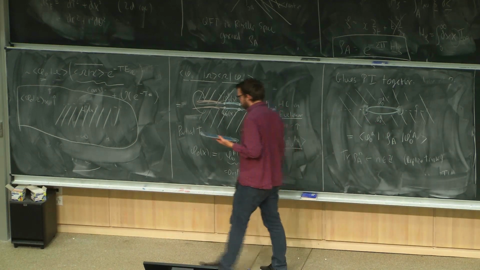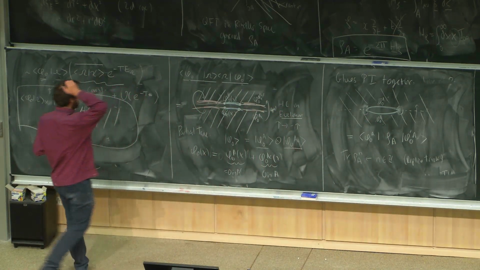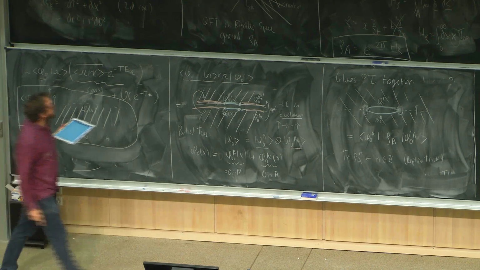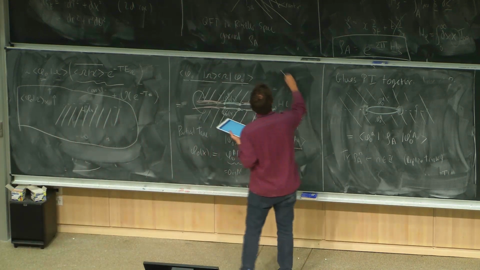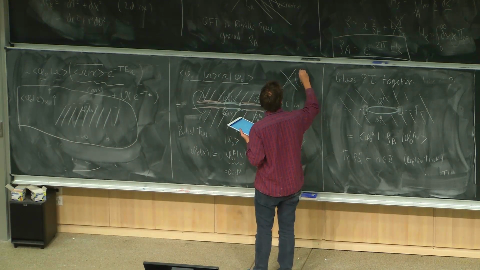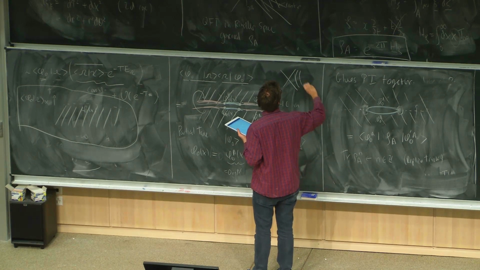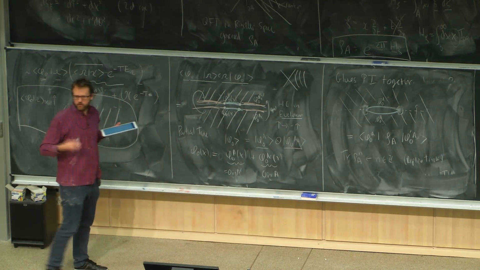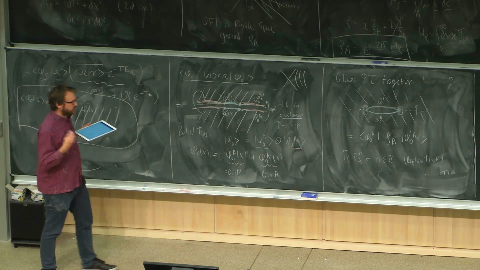And so if you're some observer that's restricted to A, you'll see a thermal state, and one way to restrict to A is to think about observers that are uniformly accelerating. These are called Rindler observers. They're the ones that go along these lines, along constant fixed R surfaces like this. And so such observers will see a thermal state. And this is the Unruh effect.